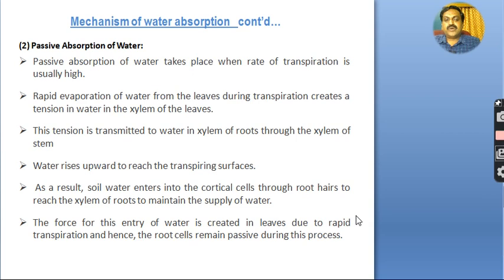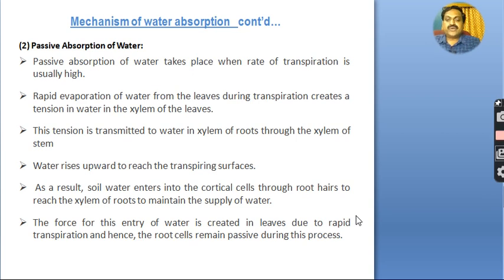Water rises upward to reach the transpiring surface. As a result, soil water enters into the cortical cells through the root hairs to reach the xylem of the roots to maintain the supply of water.